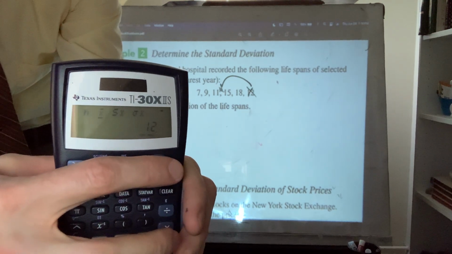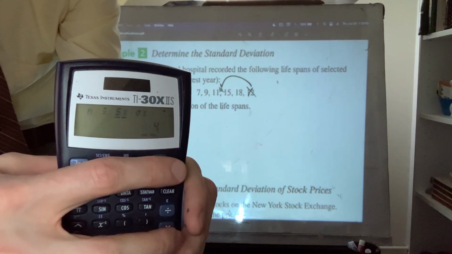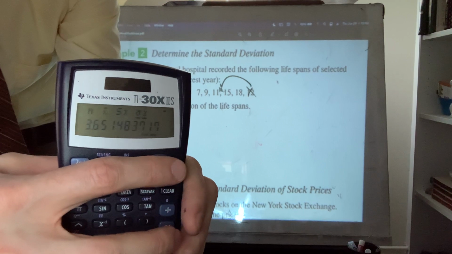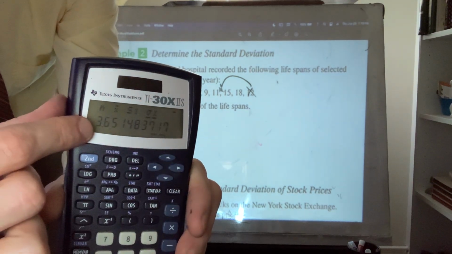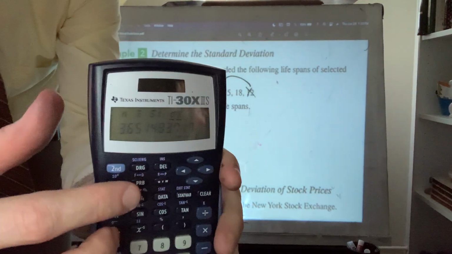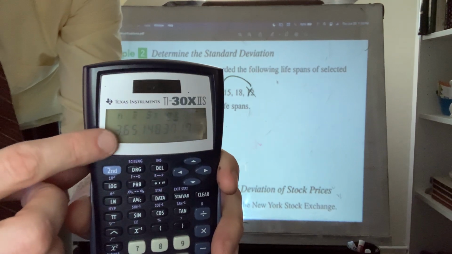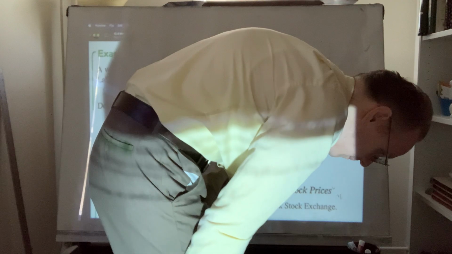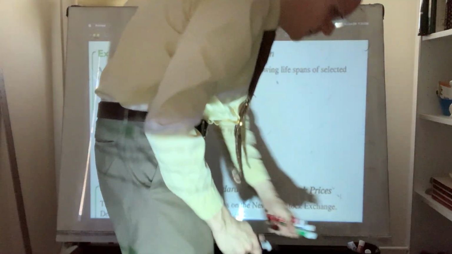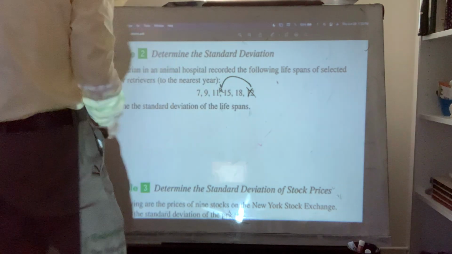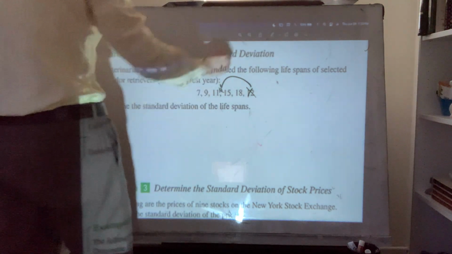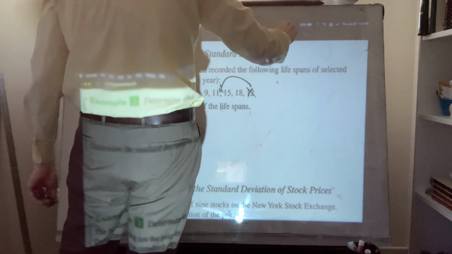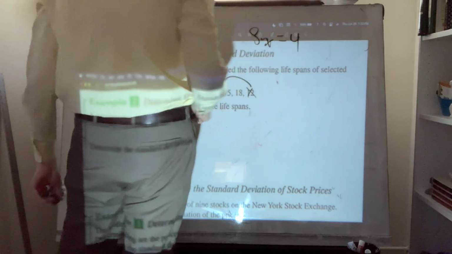And the sample standard deviation is 4, and the population is a little bit more precise. It's 3.65, almost 3.7. So this is approximately, well, it's 4 if you just go for the sample.